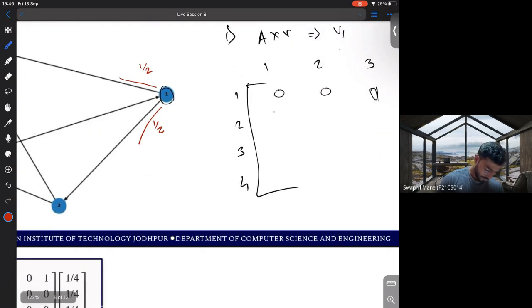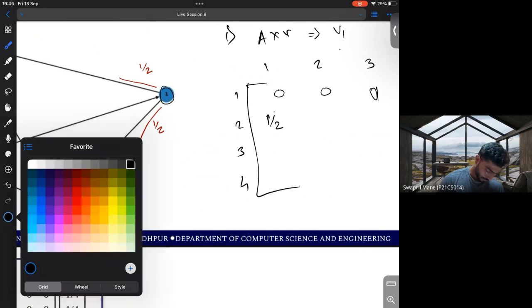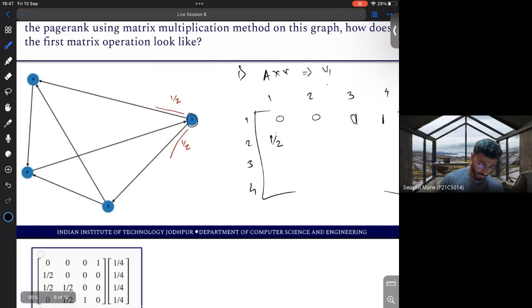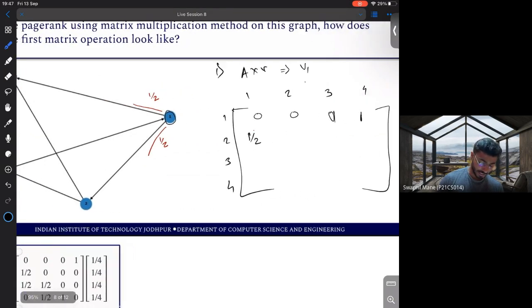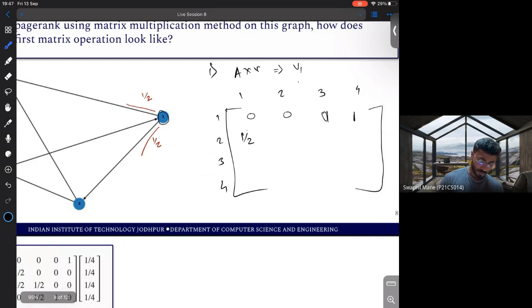Here the value is 1 divided by 2. There are no other incoming edges at node number 2, so the rest are 0.